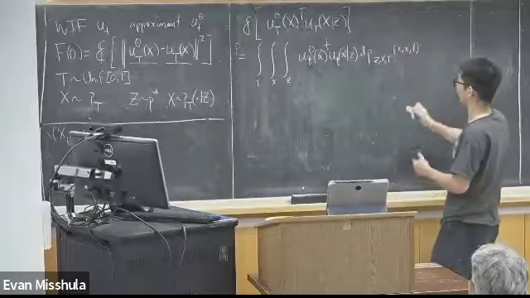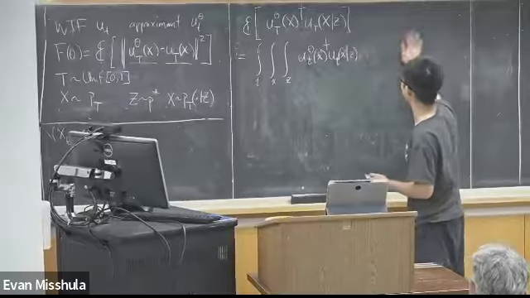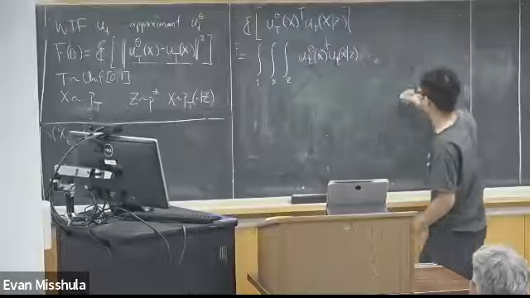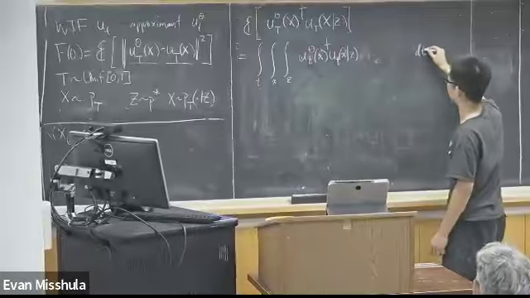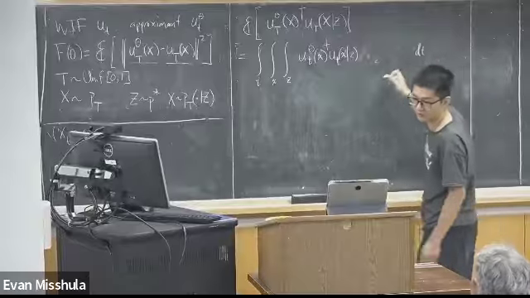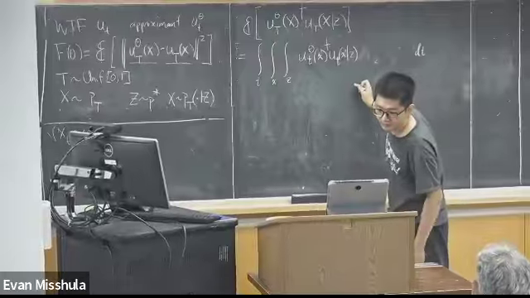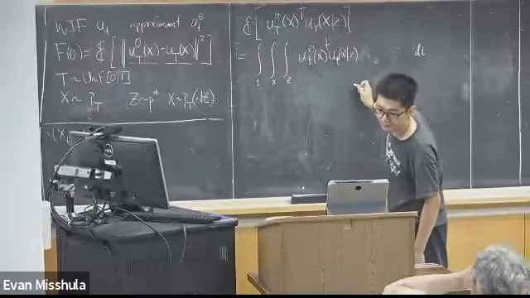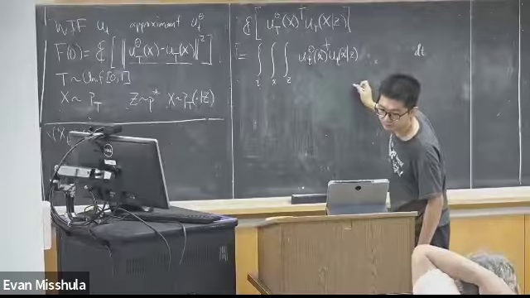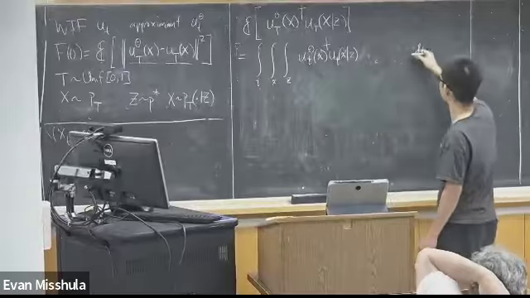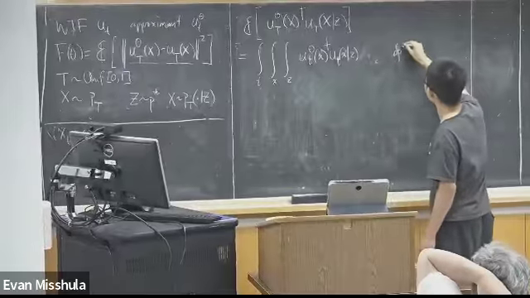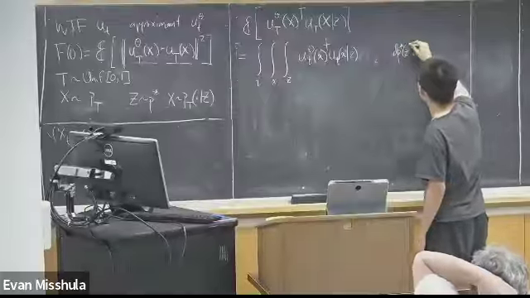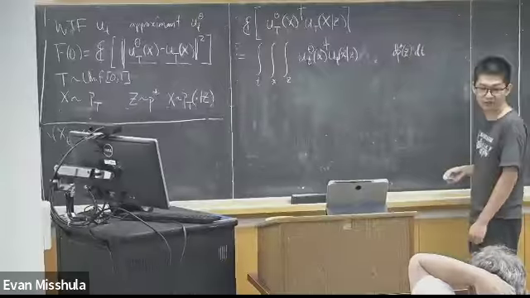And you can rewrite this joint density as follows. First you sample t, which is uniform. And you can sample z, which has density p star.